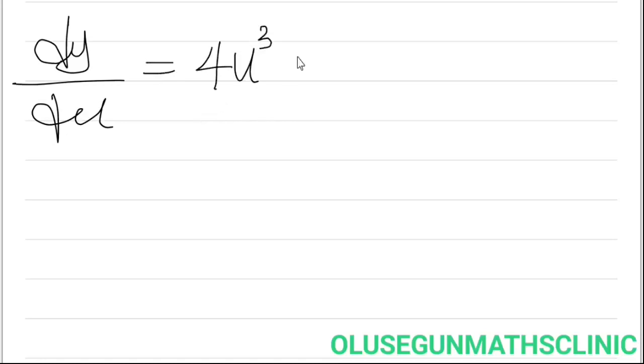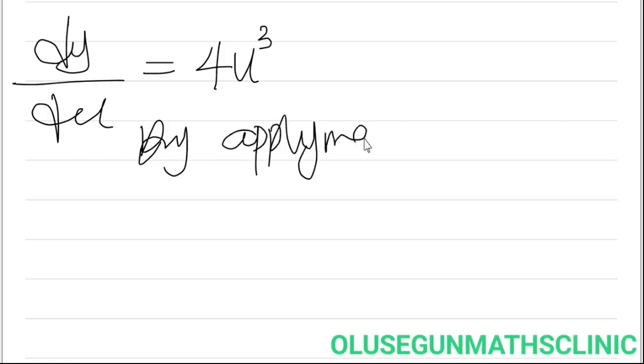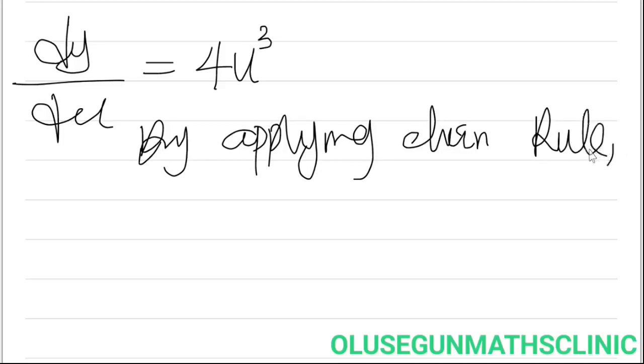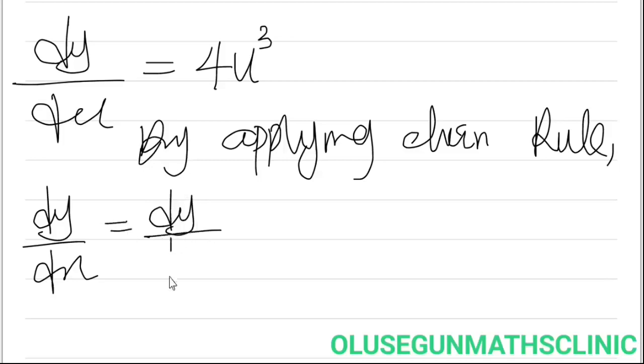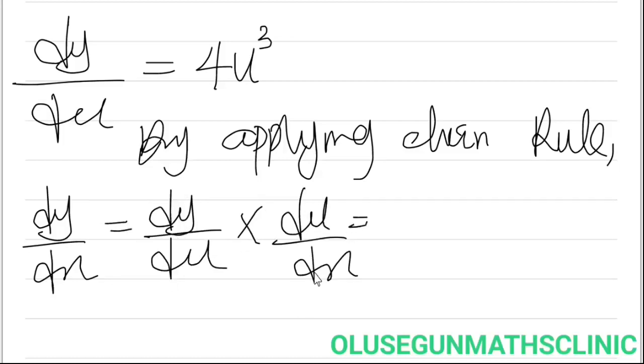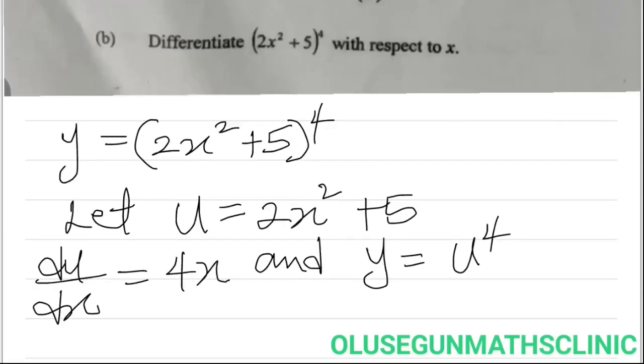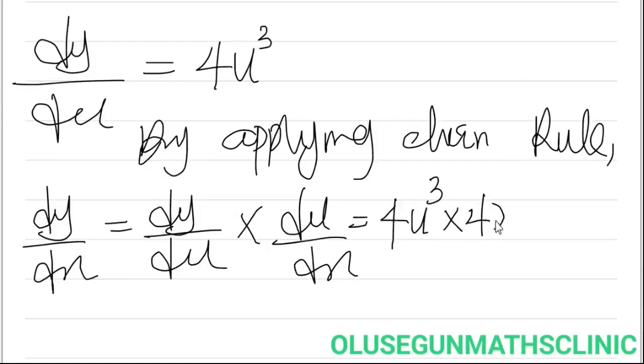By applying the chain rule, we have dy/dx is equal to dy/du times du/dx. dy/du is 4u raised to the power 3, times du/dx, which gives us 4x. So this will be 16x u raised to the power 3.